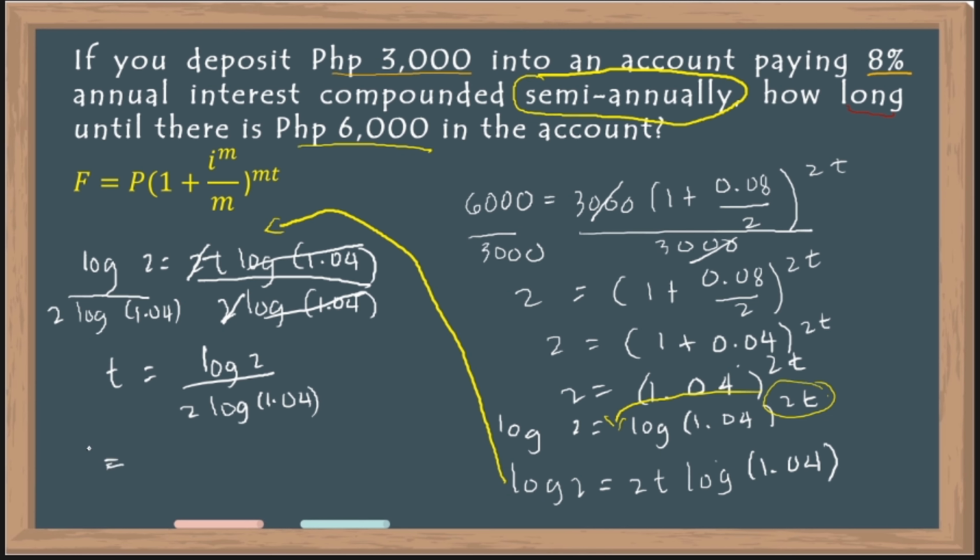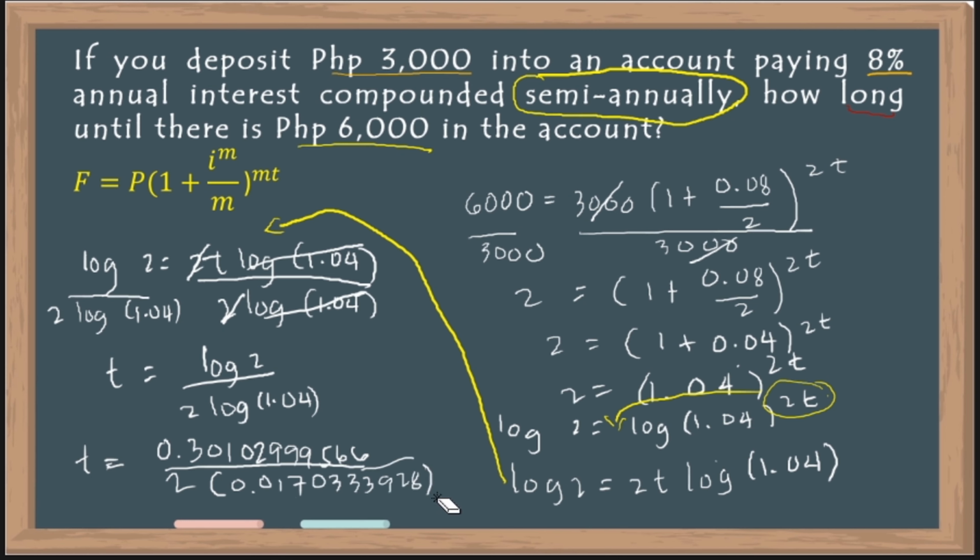Now, what is logarithm 2? So, gamitin mo yung calculator, yung scientific calculator. Pinindot mo yung logarithm 2, 0.301. Okay? Divided by 2 times, ano yung logarithm 1.04? So, pindutin mo sa calculator, 0.017.